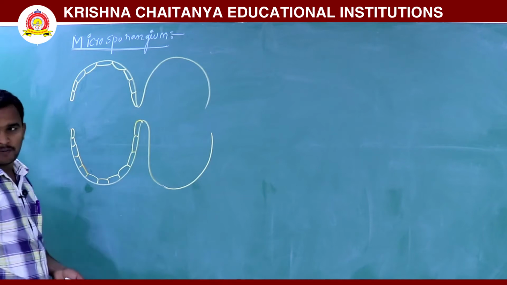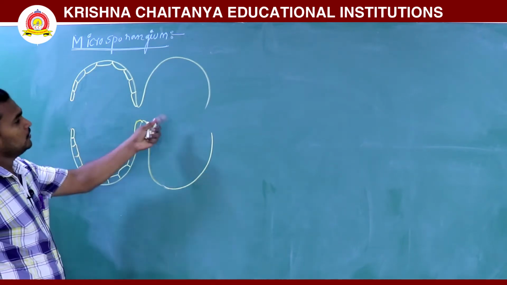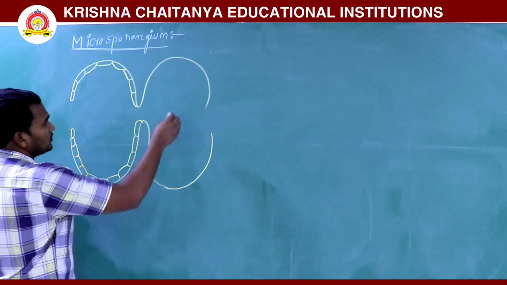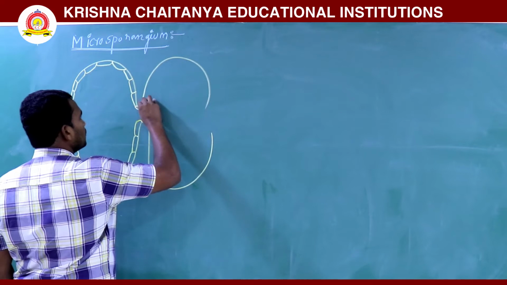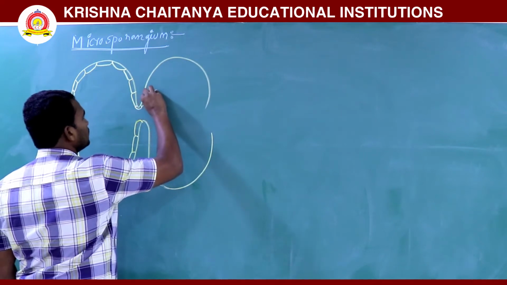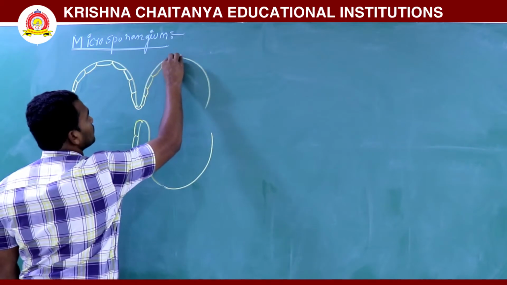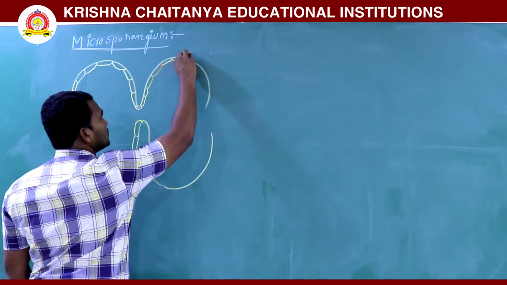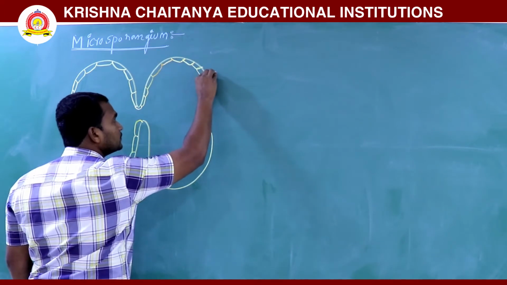This is the epidermis. First we will draw this side, and the other side is the same. This layer is continuous.